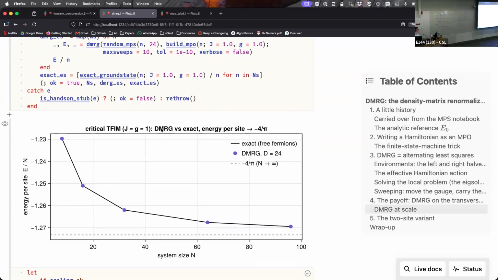Because this algorithm only scales linearly in how many sites you have, you can see what's going on there. And again, for the thermodynamic limit, there's an analytic solution. You see that the analytic solution is -4/pi, and as the system size increases, we're approaching that value.